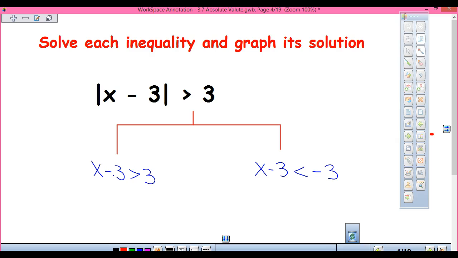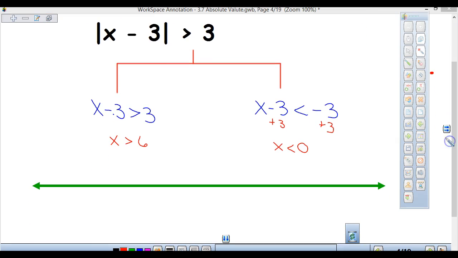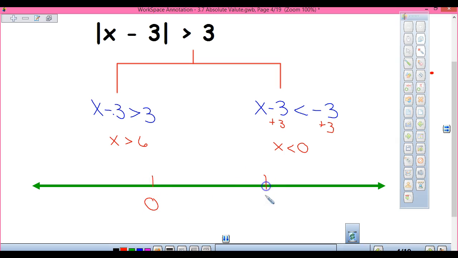Okay, so on that second one, you got to flip the sign. If I go ahead and solve this, I get x is greater than 6, add 3, x is less than 0. So if I graph this, I've got a 0, I've got a 6. Open or closed at 0?